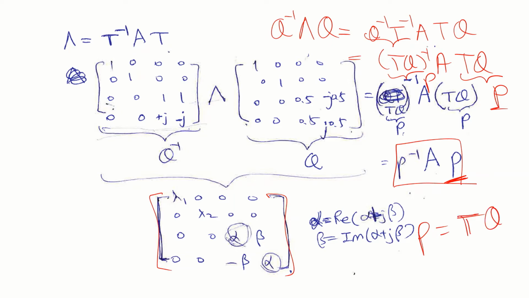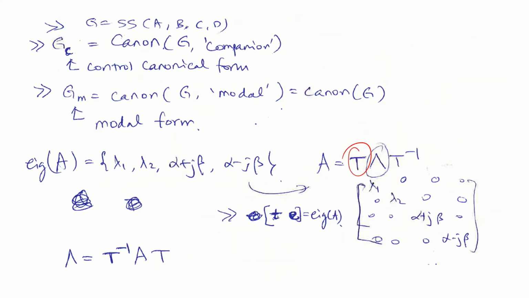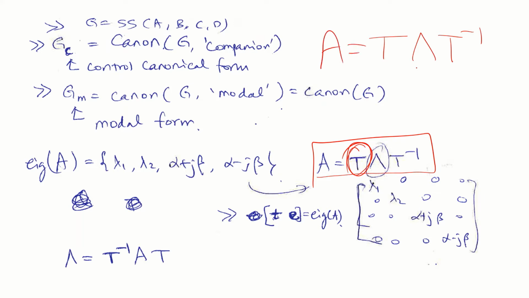And what was T? T was basically a set of eigenvectors. Remember the original Jordan decomposition. You use the set of eigenvectors to get T, and if you use T and T inverse, then you normally get a diagonal matrix of eigenvalues.